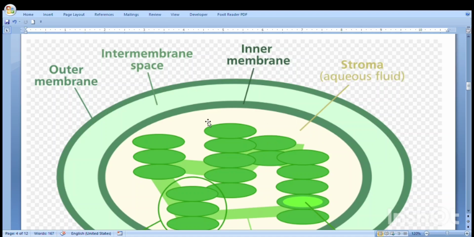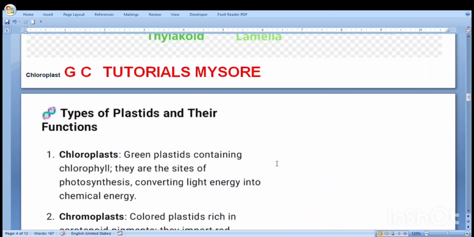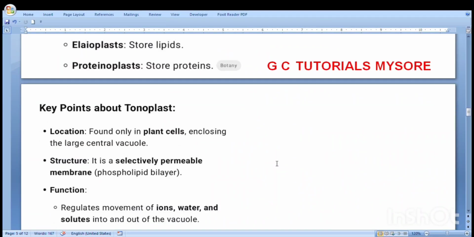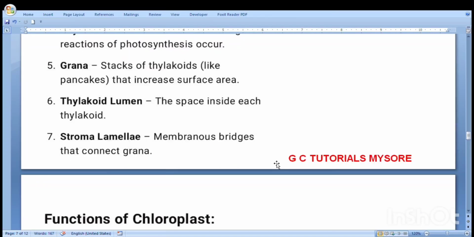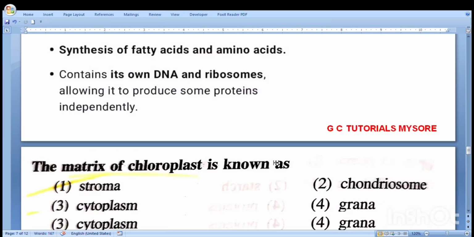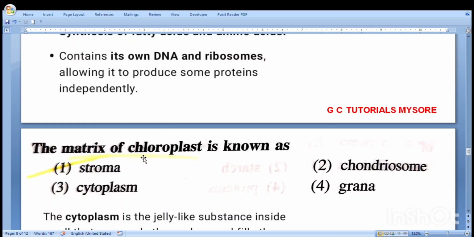It contains enzymes, proteins, lipids, all present within it. The matrix of the chloroplast is known as stroma.